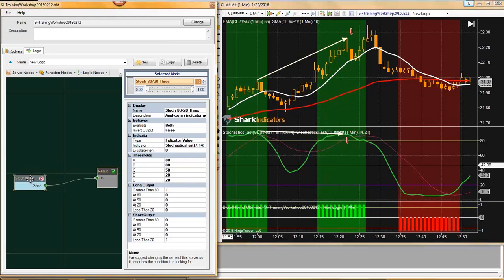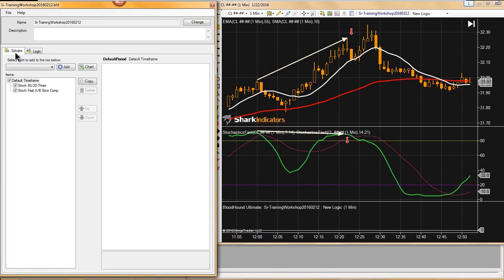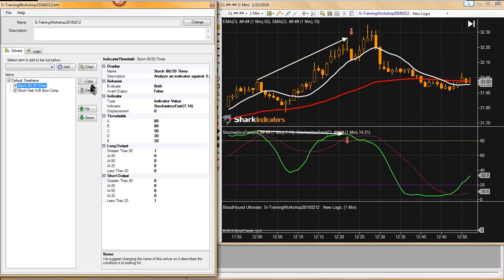Actually, sorry, let's do this. I'm going to make a copy of this. I'm just going to reverse the outputs here so it looks more like a divergence output.